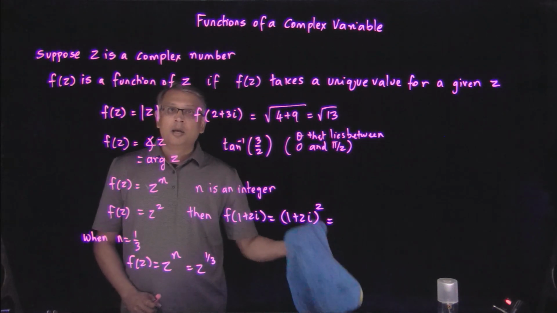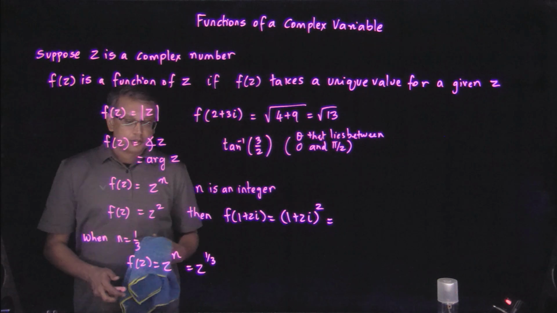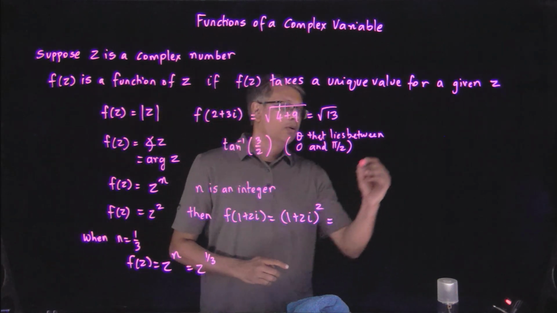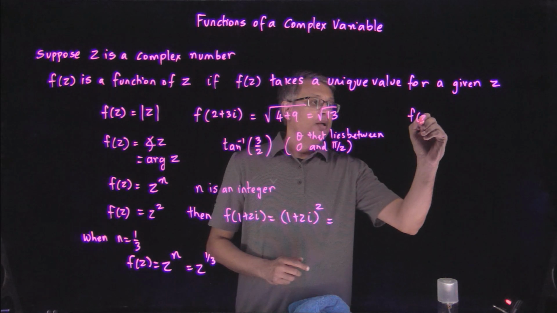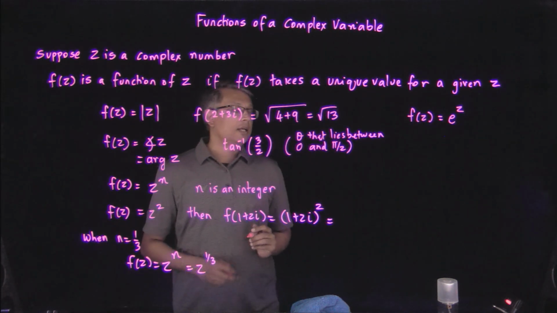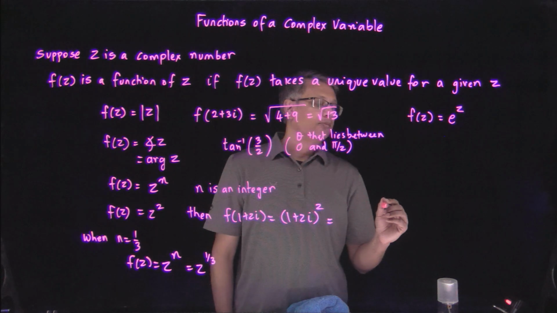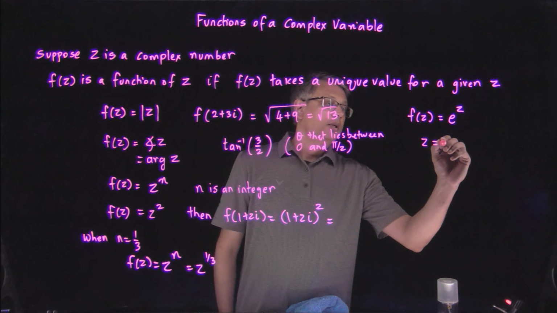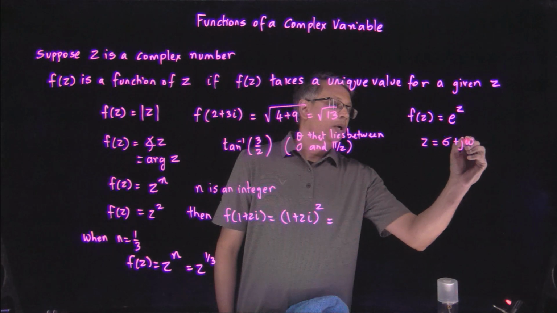Now, there is one particular function which repeatedly comes up in the course, and that is the function e to the z, where z is a complex number. So suppose z is the complex number given by sigma plus j omega, let's say.